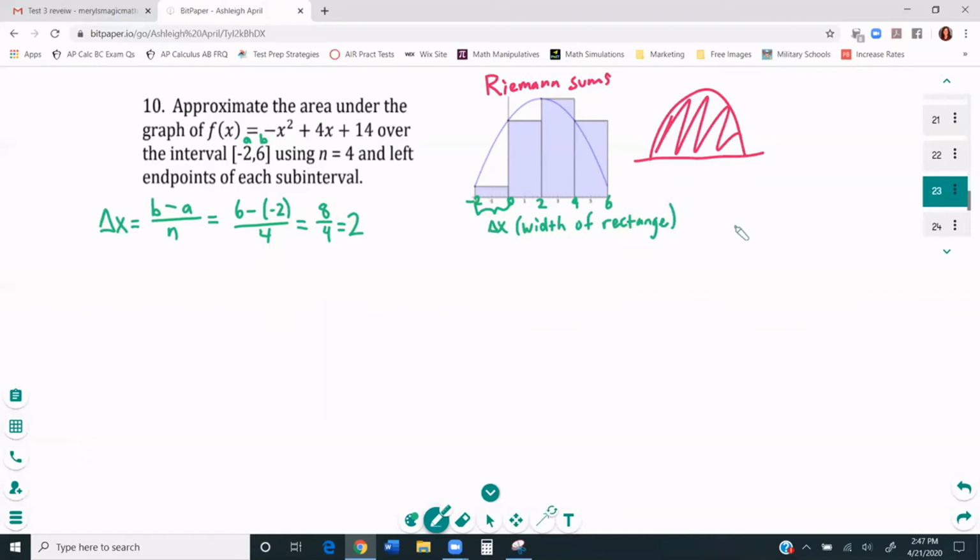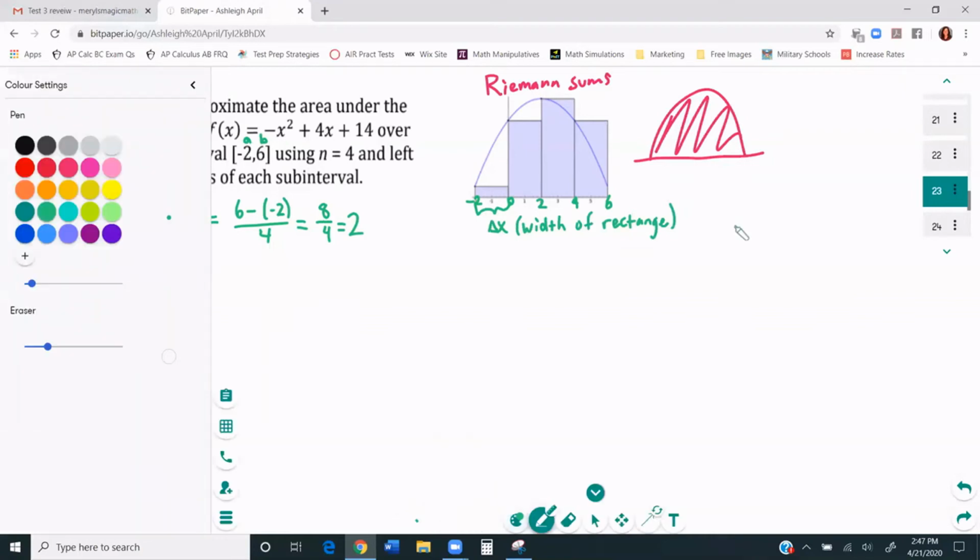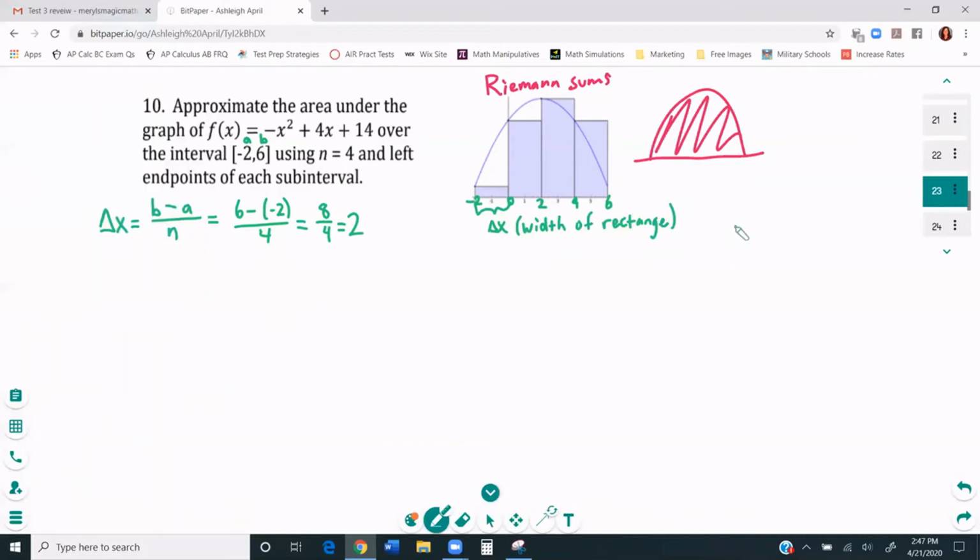This is so great, I'm going to color code all this. So this first rectangle: the area of a rectangle is base times height. For that first rectangle, the base is 2. And the height of it is based off of our parabola.